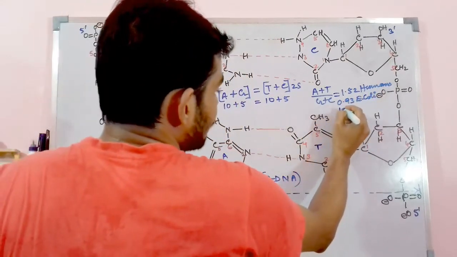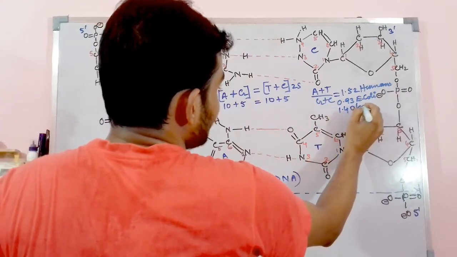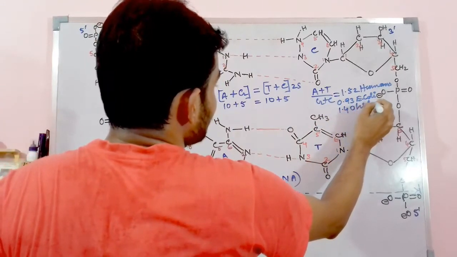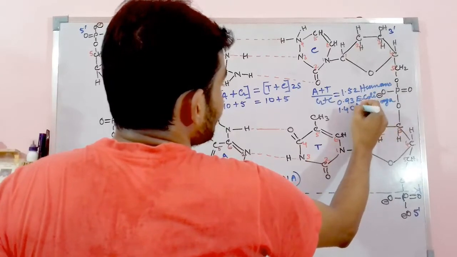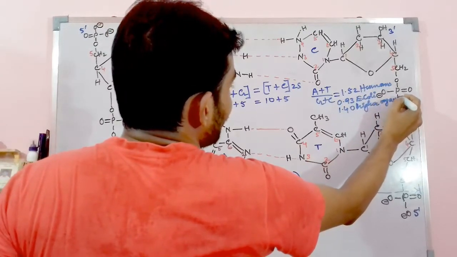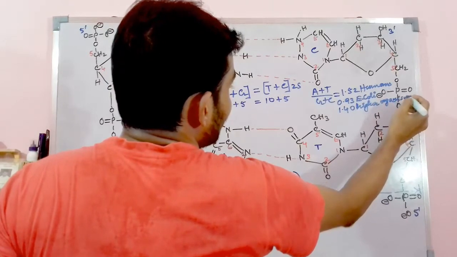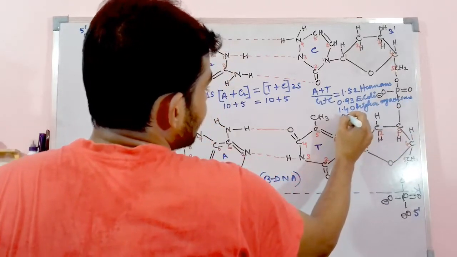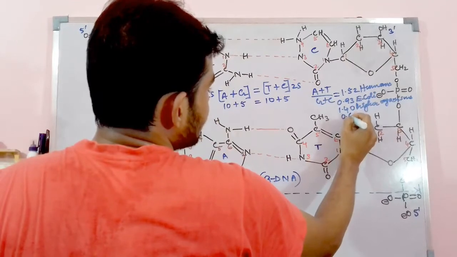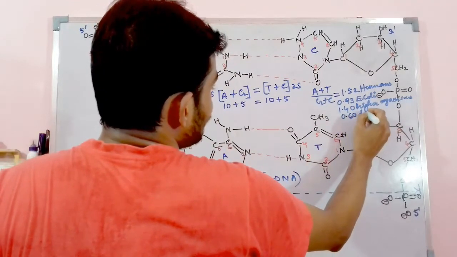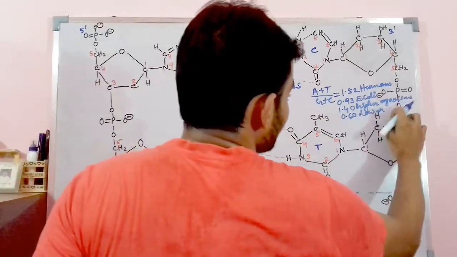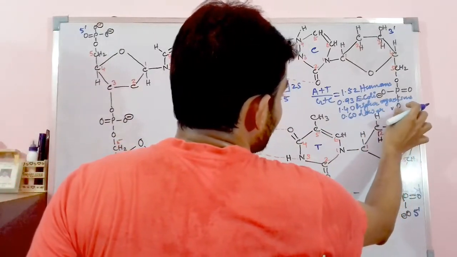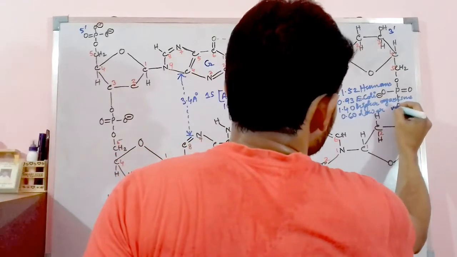It is found that 1.40 is present in case of higher organisms or multicellular organisms, and it is seen that about 0.60 is present in lower organisms, or the lower group of organisms.